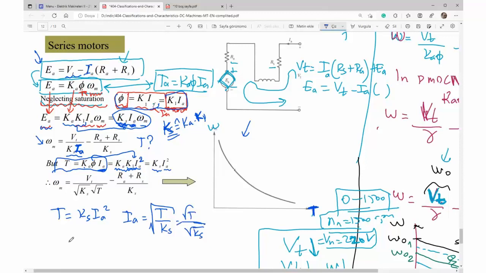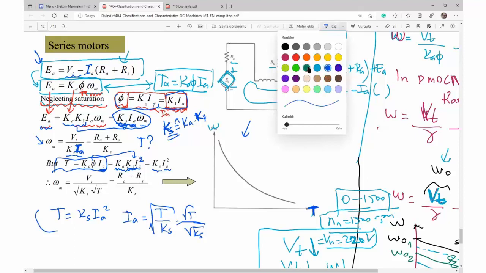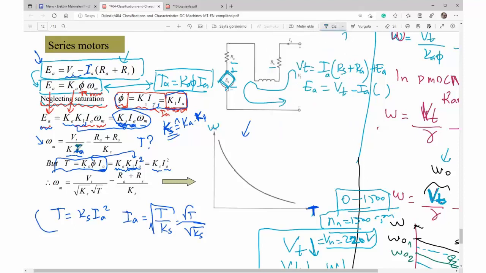Okay, let's substitute it here. Armature current is already calculated here in terms of torque. Let's substitute the equivalent down to here. So the final equation will be like this. It's the final equation. What do you see in this equation?